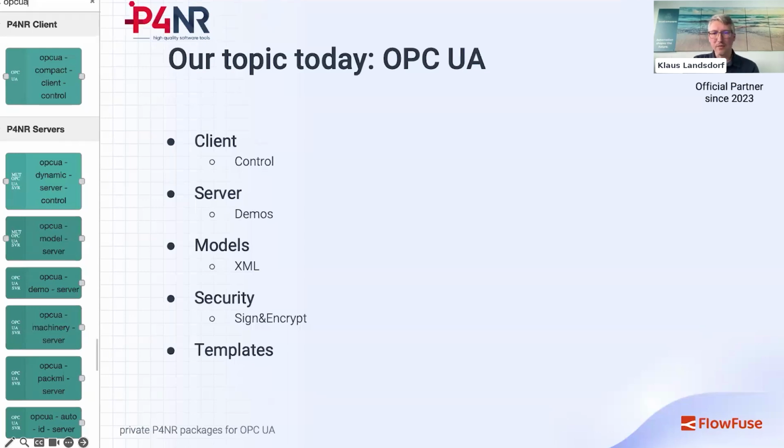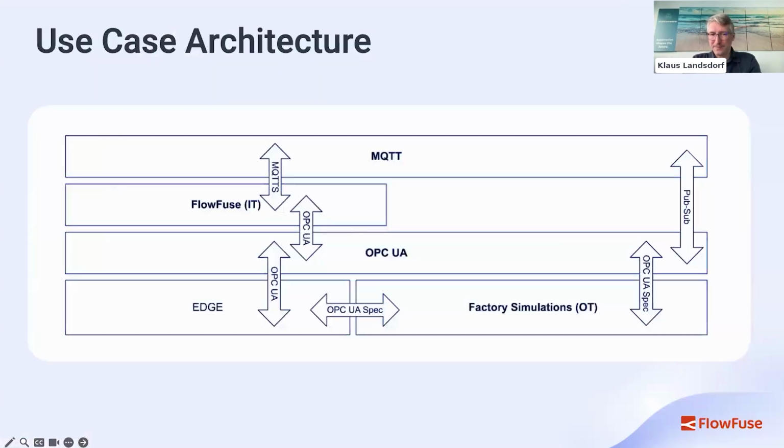That means XML, what I mentioned, for working together with PLC programmers at the end. But we also have, as I said, security by design, so that we can sign and encrypt data or just sign our data. And the idea for our package at the moment was also to have templates ready to start, based a bit on these specifications of OPC UA, so that people can really start fast.